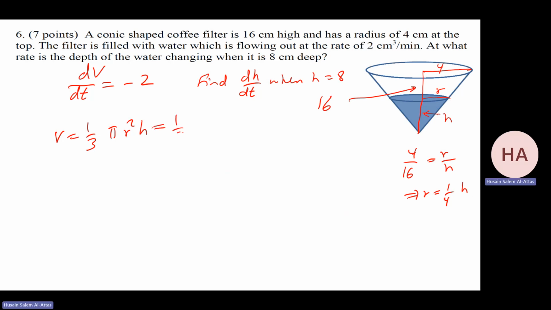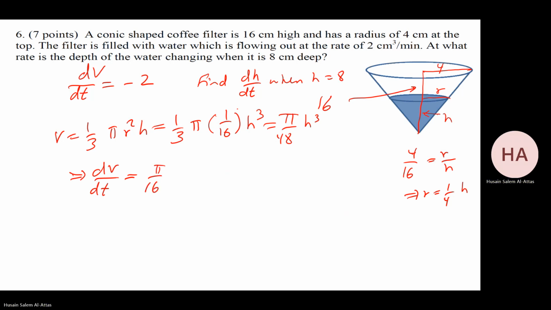That will be 1 over 3 pi, this is 1 over 16 H cubed, which is pi over 48 H cubed. That implies dV by dt equals pi over 16, again 3 cancels, H squared dH by dt.